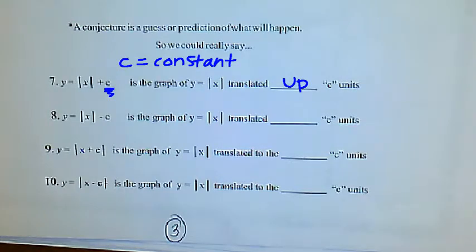If we subtract C, this will be translated down. Now if we do this within our absolute value, if we did plus C, think about the example that we did. This moved it to the left. And if we subtract C, this moves it to the right. I know that sounds kind of backwards, but if you try it out, that is true.